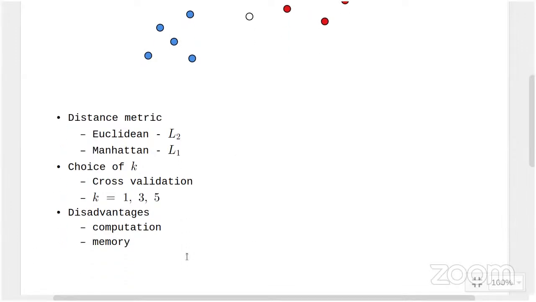So there is no model as such in KNN, and you can't throw away the training data set. If you remember logistic regression or linear regression, once you get hold of the weight vector, you can throw away the training data set and just use the value of w to do your predictions. Something like that cannot be done in the case of KNN. You need to have the training data set with you at all times.